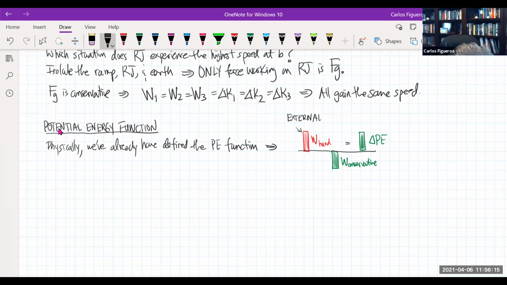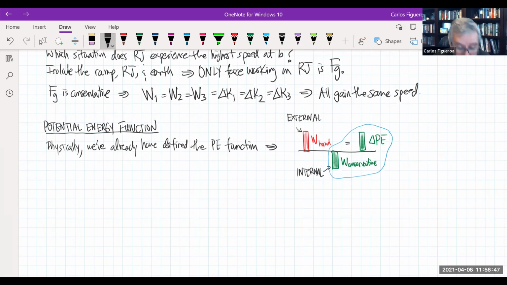If I looked at the spring, this guy was internal. So if I only looked at internal workings that are going on, it's the work of the spring that really changed the potential energy of the spring. So work and potential energy are two sides of the same coin. One side is the work of the spring, the other side is the stored potential energy.